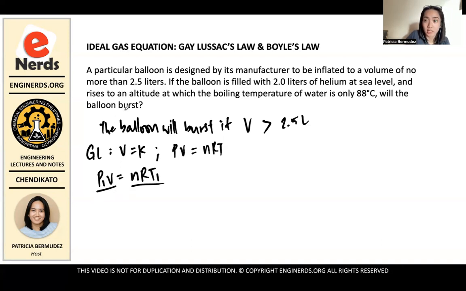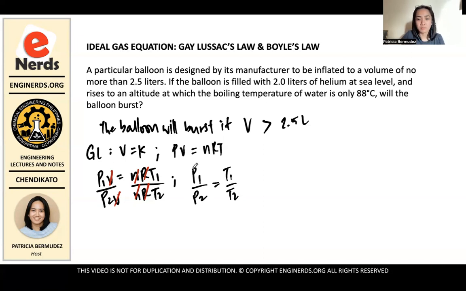When it's at the altitude, at the height, we have P2, volume is constant, so it just remains at V, nR, and then T2. We can see that V cancels, n cancels, R cancels. So we have P1 over P2 is equal to T1 over T2. And that is Gay-Lussac's law.